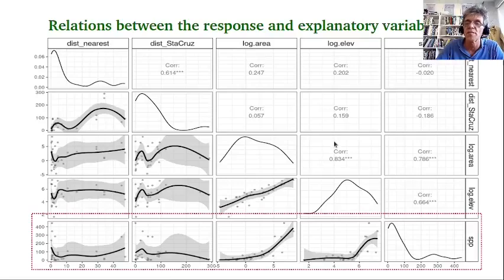The log of area and the log of elevation happen to be strongly correlated, and in this case we are going to select one of the two to be included in the model.